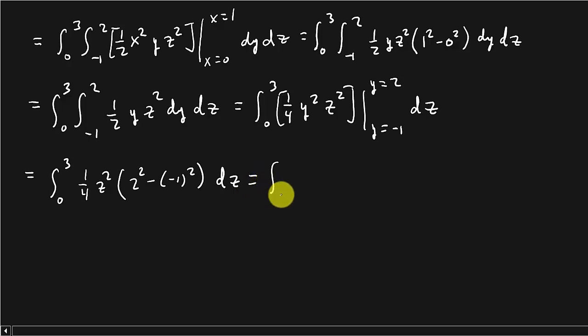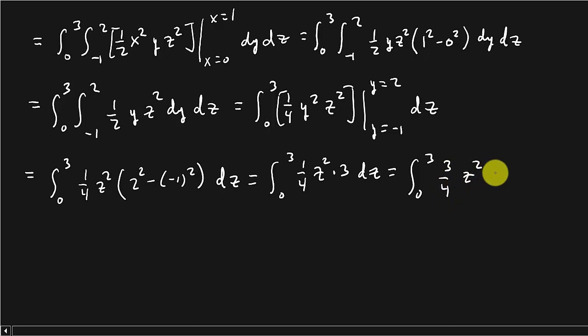And so that's going to be 0 to 3, 1/4, and let's say that's going to be 4 minus 1 is 3. Yep, z squared times 3 dz, and that's going to be 0 to 3, 3/4 z squared dz.